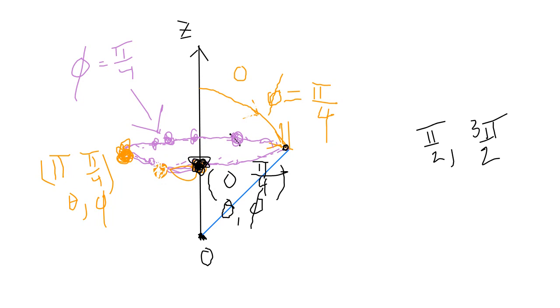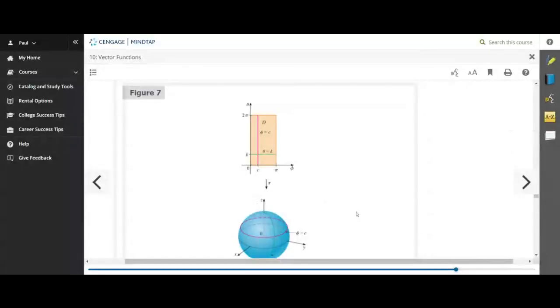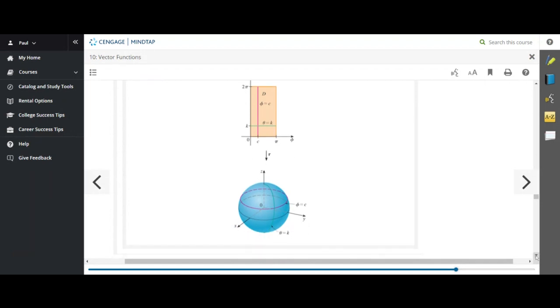For spherical coordinates, theta goes from 0 to 2 pi, and phi goes from 0 to pi. So now in figure 7, if you notice where they have theta equals k, the green horizontal line there, that's the theta equals k grid line.